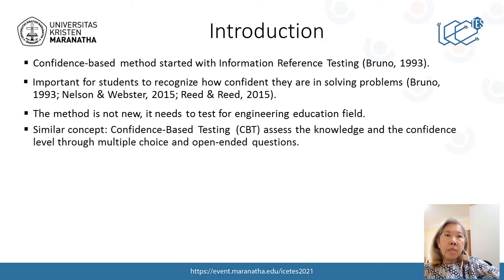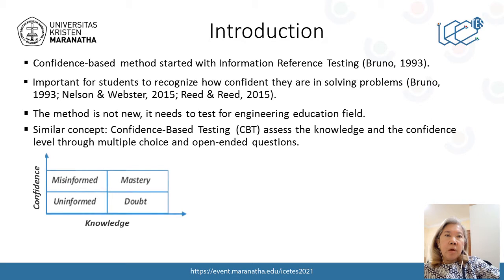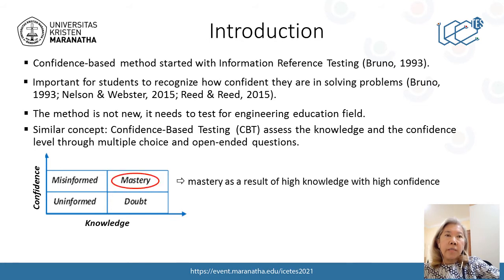Using a similar concept, confidence-based testing, CBT, assesses two aspects, the knowledge and the confidence level, through multiple choice and open-ended questions. In the form of a diagram, CBT results are divided into four categories: uninformed, misinformed, doubt, and mastery, where mastery is a result of high knowledge with high confidence.